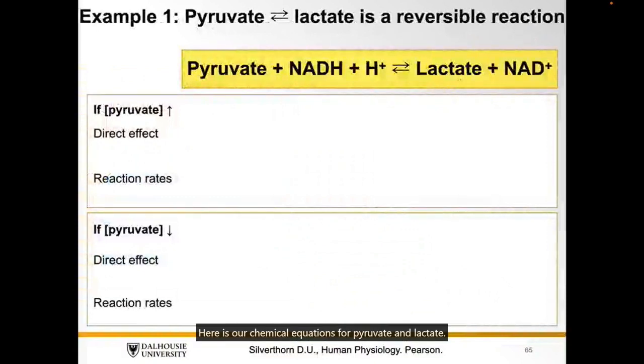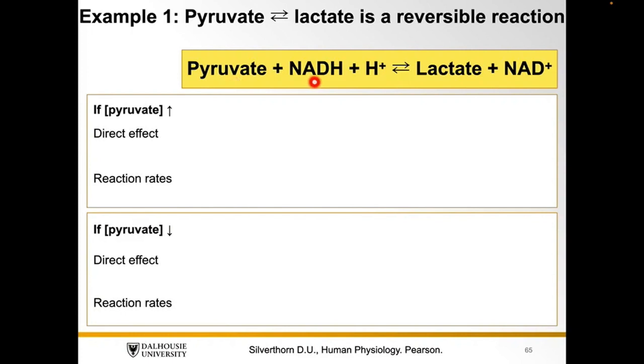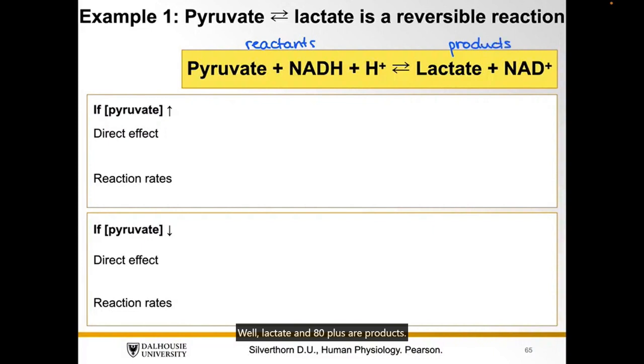Here are our chemical equations for pyruvate and lactate. So pyruvate plus NADH plus H+ make lactate and NAD+. Or lactate and NAD+ make pyruvate plus NADH plus H+. So pyruvate and NADH are our reactants, while lactate and NAD+ are our products.